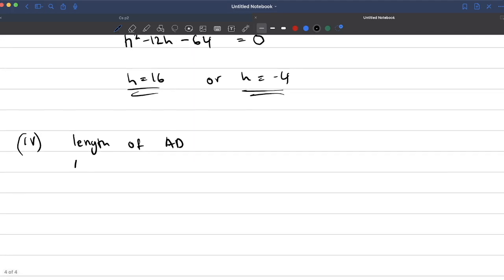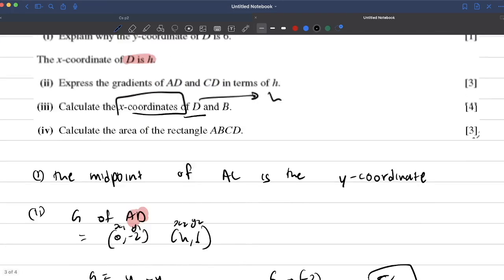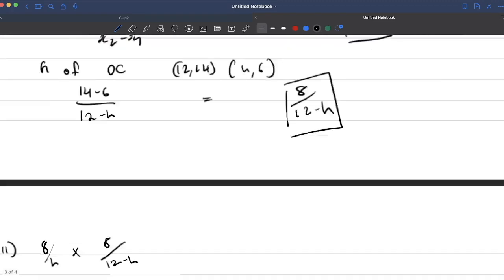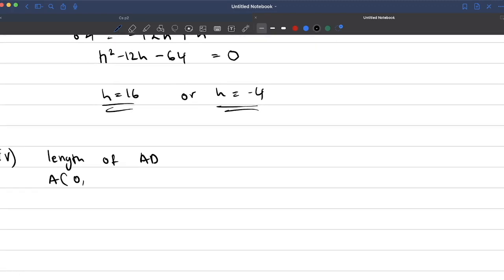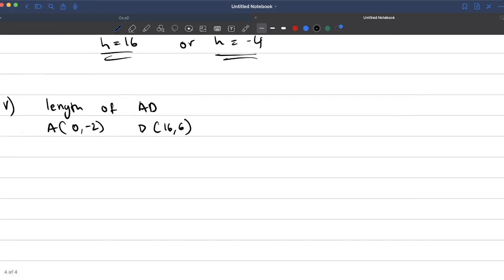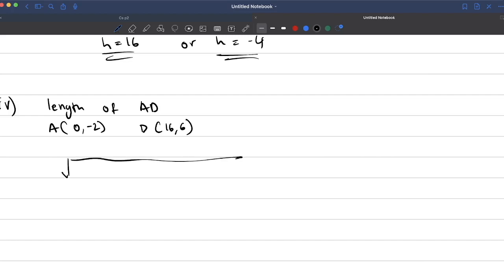What are your coordinates for A? If I go back up, the coordinates for A are (0, -2). The coordinates for D are (16, 6). So I need to find the length of this. How do you find the length? Use the root of (16 minus 0) squared plus (6 minus -2) squared.